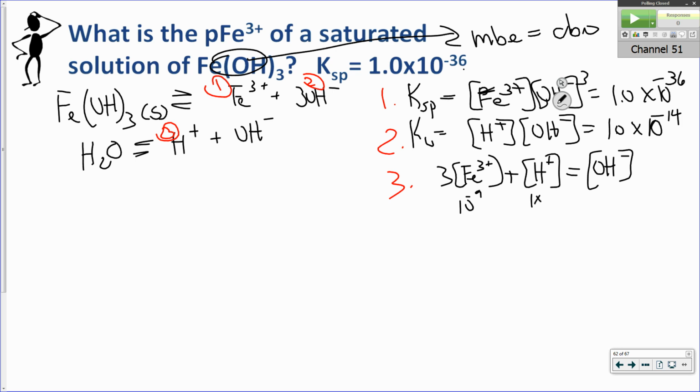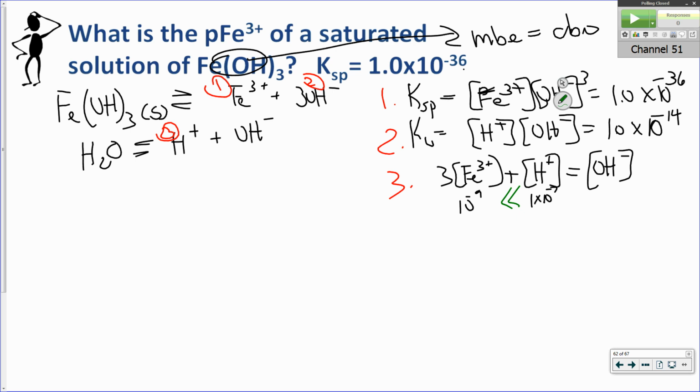But I know from the autoprotolysis of water that H plus should be around 10 to the minus 7. So on this one, I'm going to guess the other way. And if you're not sure, you take a guess and you try it when you check your approximation. I'm going to assume that the H plus is greater than 3 times the concentration of the iron.